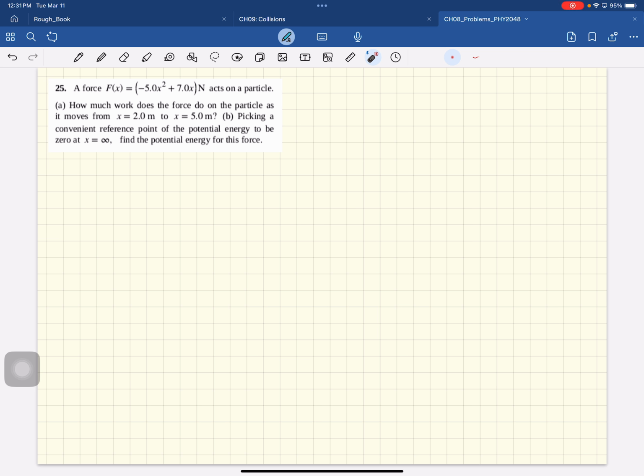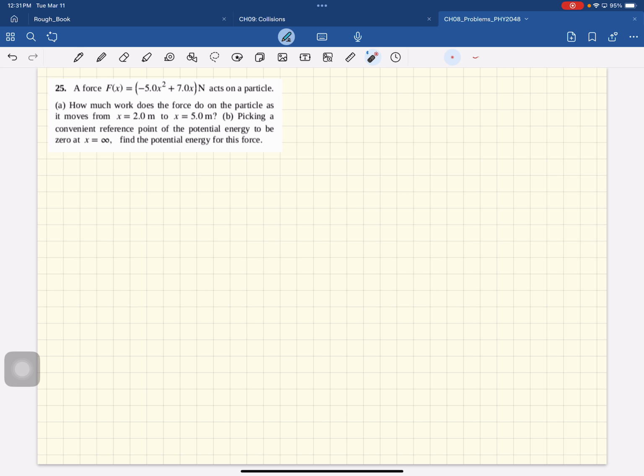Newton meters, Newton meter squared. Each term has to be in newtons. So this term will have units of Newton per meter squared, and this term will have units of Newton per meter. Oftentimes they don't write the units, but you have to be aware of that.